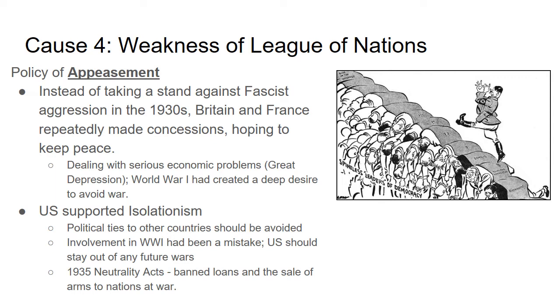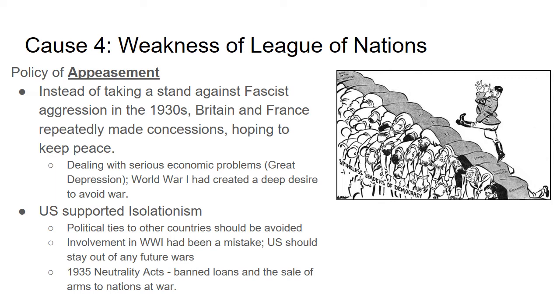And then he does something else. Oh, we'll let him do this, and then he'll be satisfied, and we won't go to war. They were also dealing with serious economic problems that were stopping them from wanting to go to war. There was also the legacy of World War I. So they were willing to make a lot of concessions in order to keep the peace.